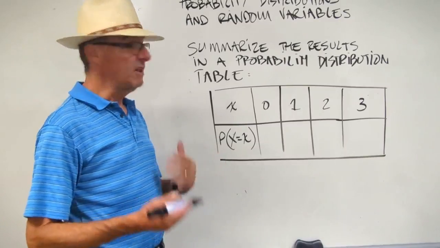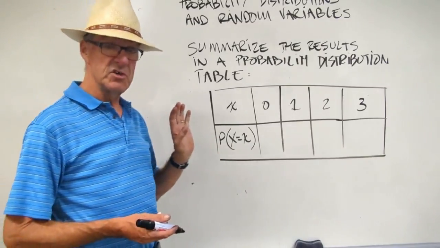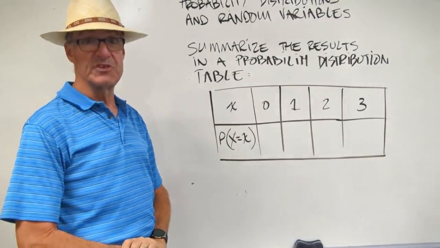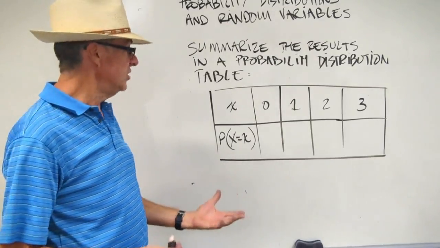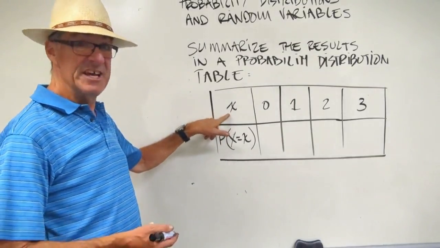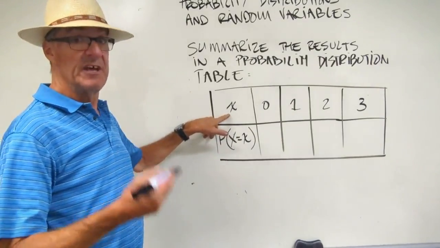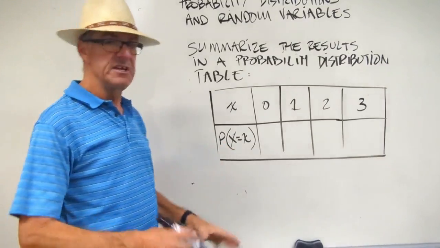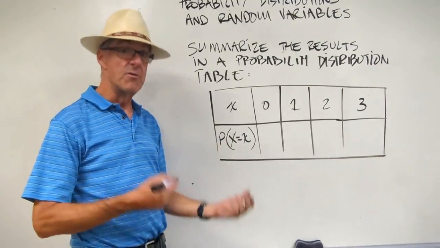All right, so now what I would like you to do is summarize those results from the last board in a probability distribution table. Now let me talk to you about how that looks. Remember, lowercase x is the actual number of 6s that we got in our 3 rolls, and then uppercase X is the variable, which is the number of 6s.